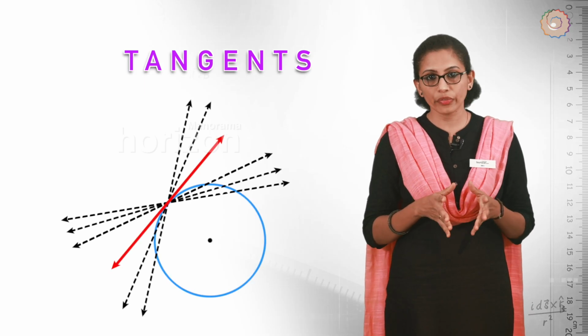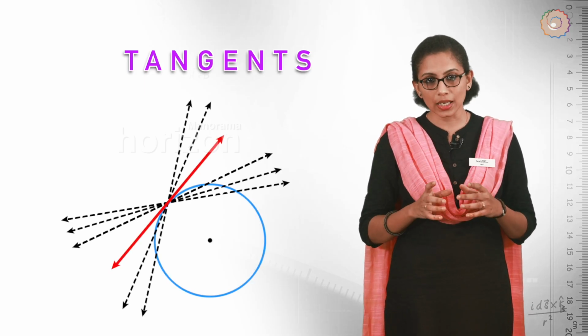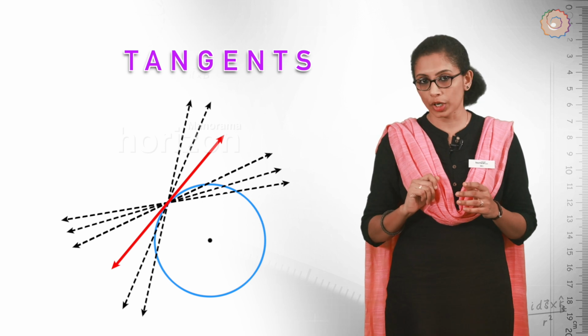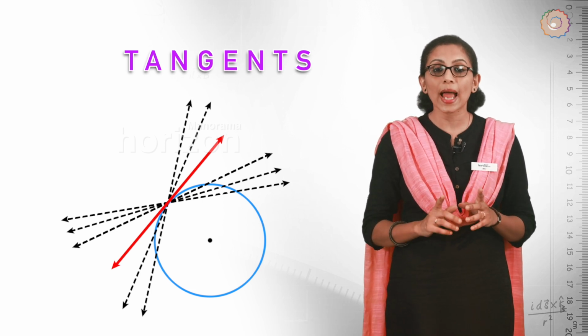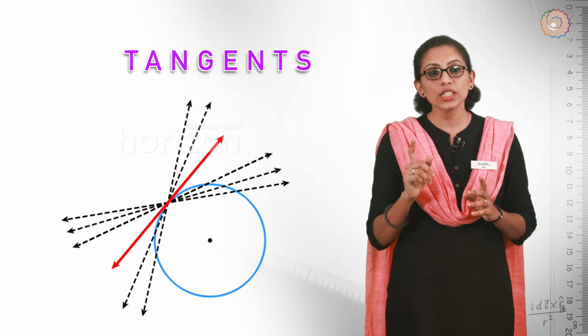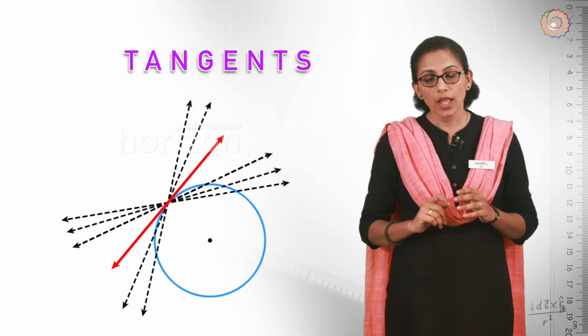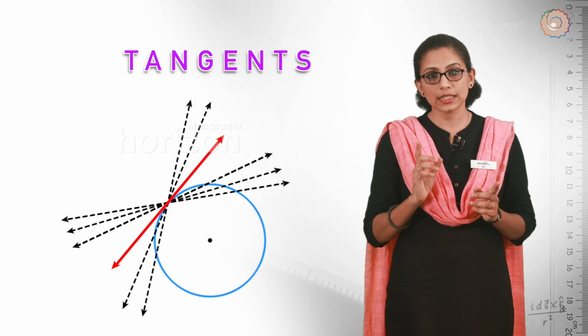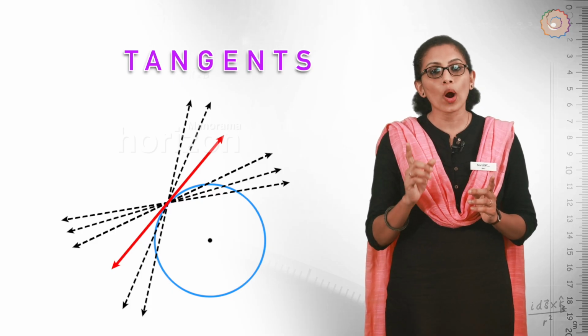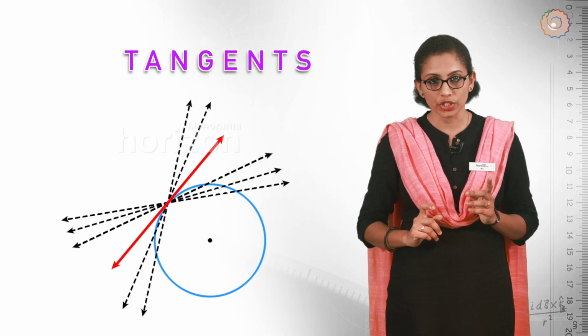As you can see in the figure, black dotted lines touch the circle at more than one point, while the red line touches the circle exactly at one point, which is the tangent to the circle. Thus, we can infer that at any point on a circle, there can be one and only one tangent.